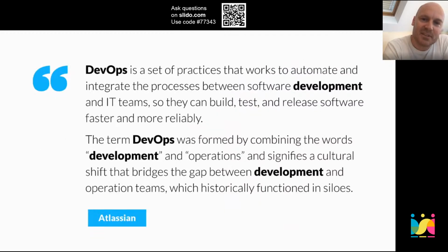What's interesting though is that this was written by Atlassian. This is their definition of DevOps, and all I've done is swap the word dev for design, and the paragraph still makes complete sense. So I imagine, or I feel personally, that the reason why these two words are interchangeable is because really they're talking about a mindset, a set of practices or a way of thinking that we can apply to any discipline.